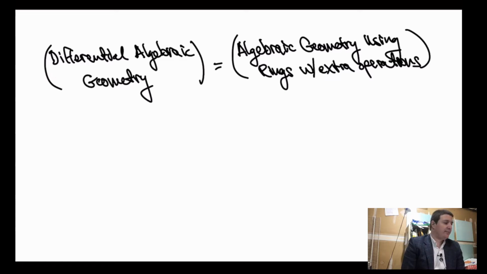And there's also the classical sense of the word, which is differential algebraic geometry where you have a single derivative operator. So this is about rings with extra operations.